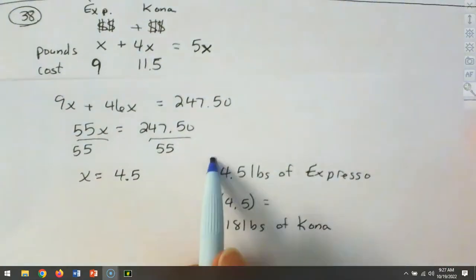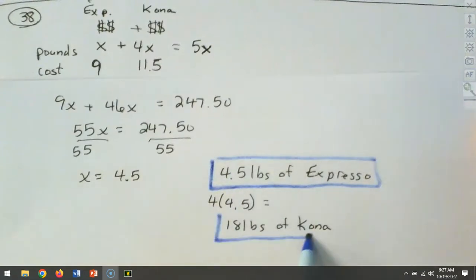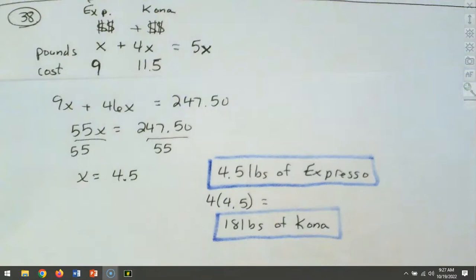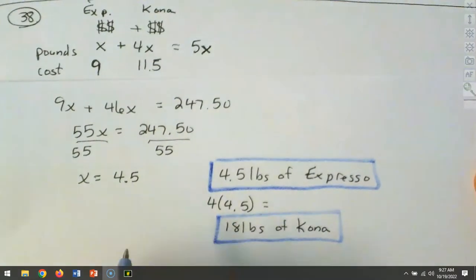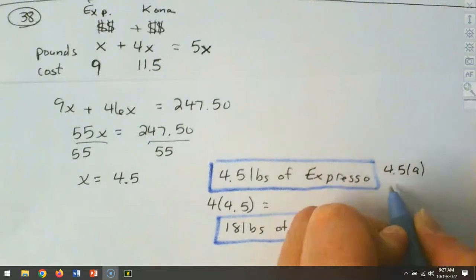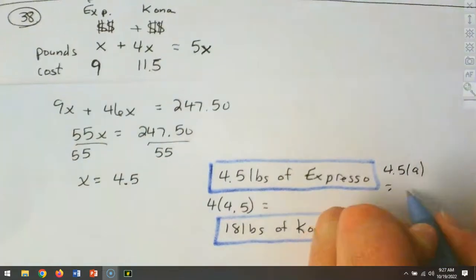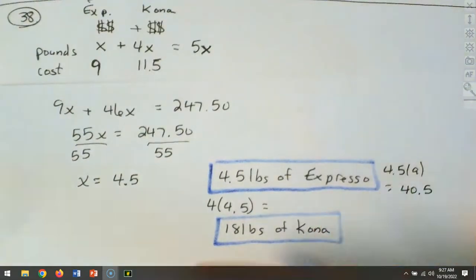Now, how can I check to make sure I did it correctly? Well, how much does espresso cost? $9 a pound. So 4.5 times that 9 comes out to be $40.50. So $40.50 in espresso. What about the Kona Deluxe?